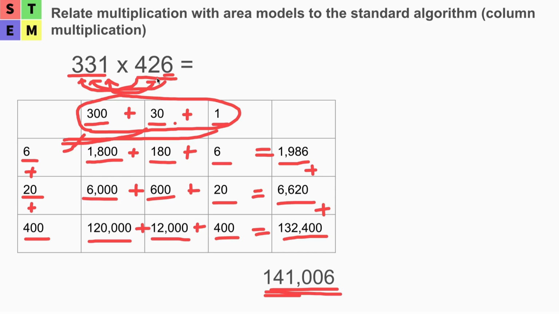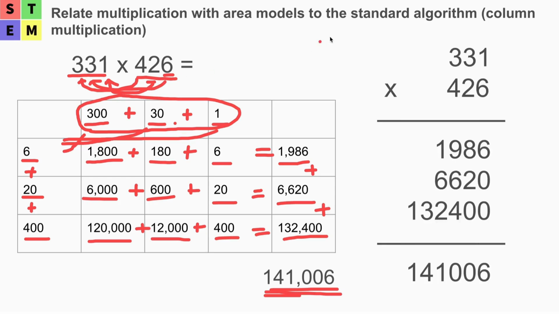Here is the result which I've already written here. Let's take a look at the details. We have 331 multiplied by 426.